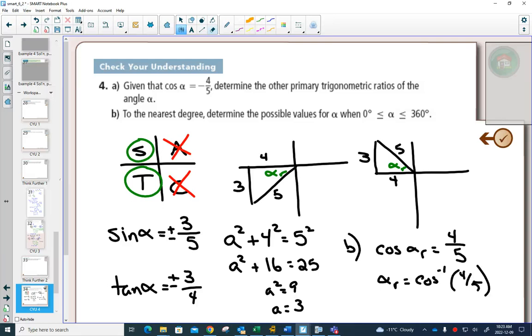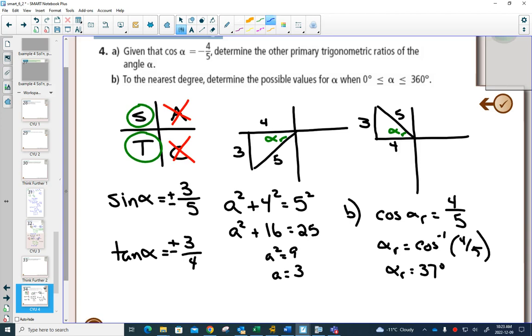It's 36.86, and it says to the nearest degree, so I'll round my reference angle to 37 degrees. What is my actual angle? Here's alpha, and here's alpha. In quadrant 2, you would go to 180 and subtract your reference angle. So this one would be 143 degrees. And in quadrant 3, you would go to 180 and add your reference angle, which gives you 217 degrees.